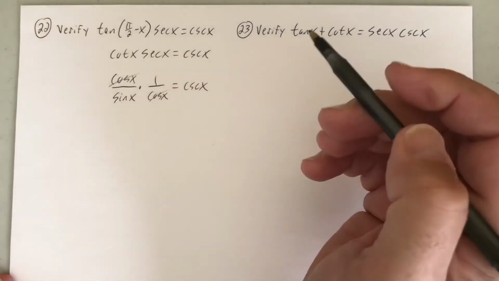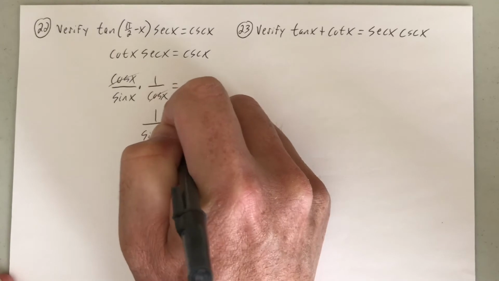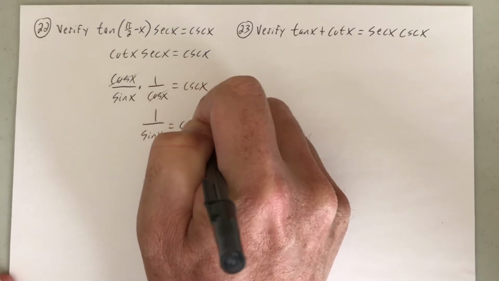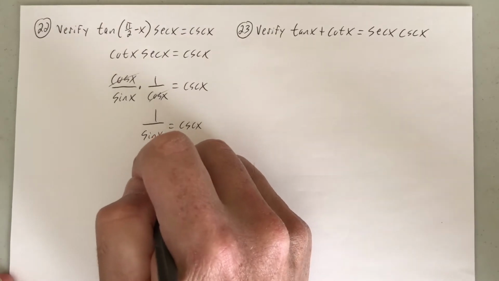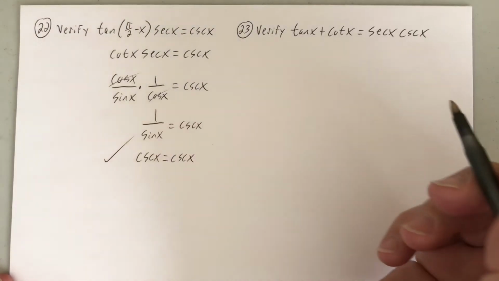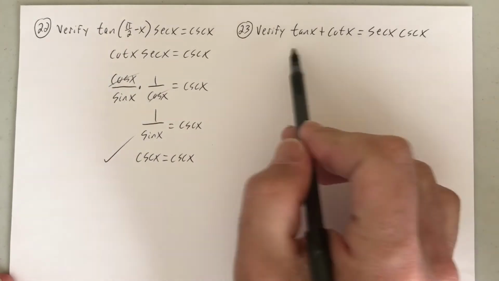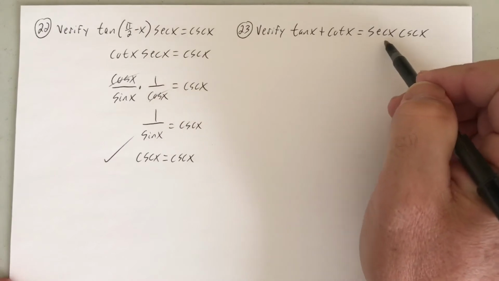So if I cross that out, that leaves me with 1 over sine x is equal to cosecant x. And of course, 1 over sine x is equal to cosecant x. So that is good.